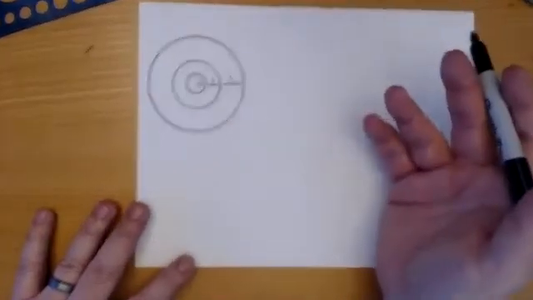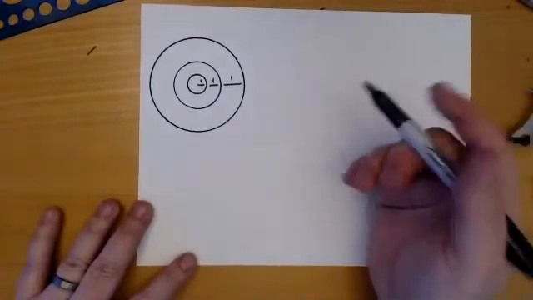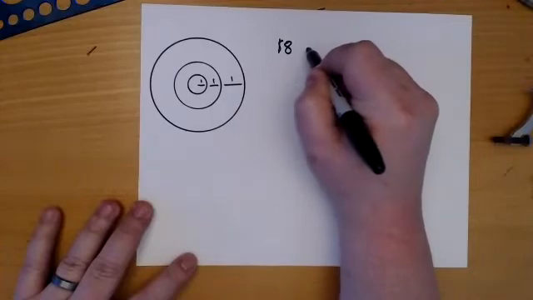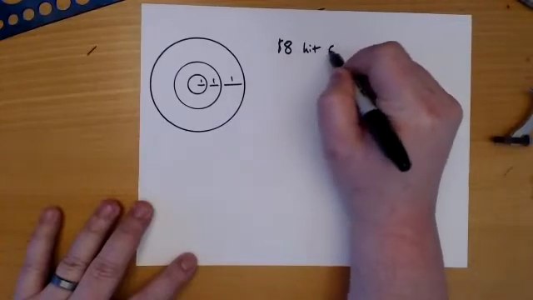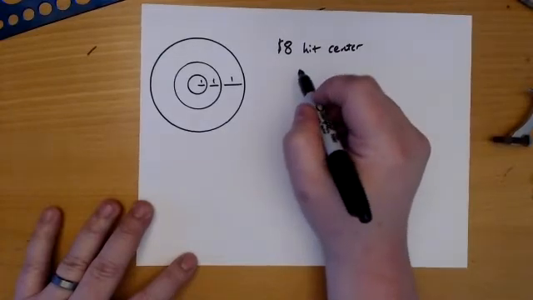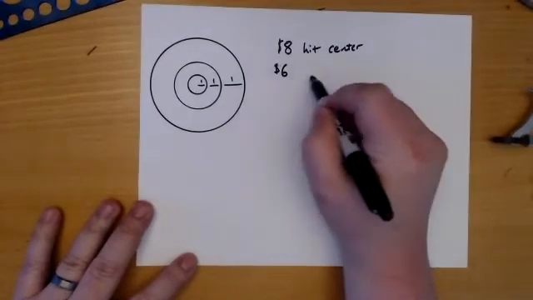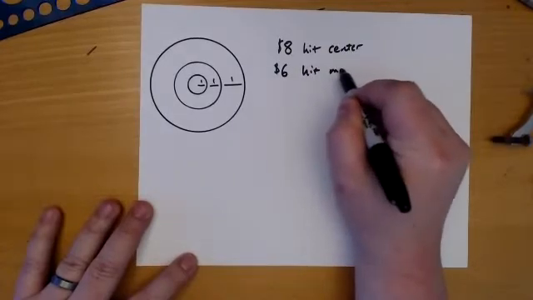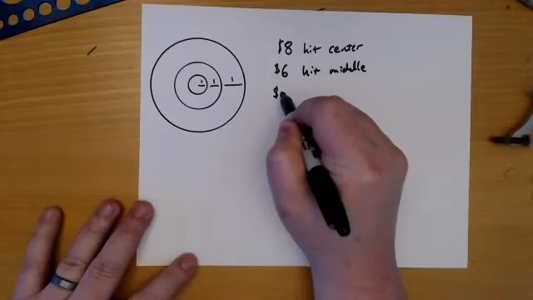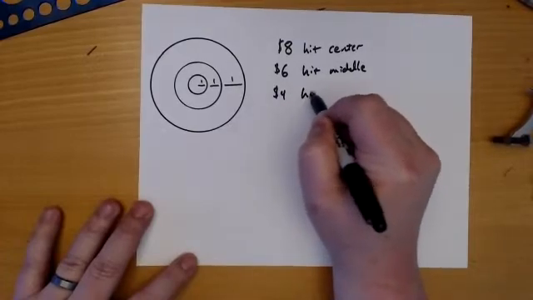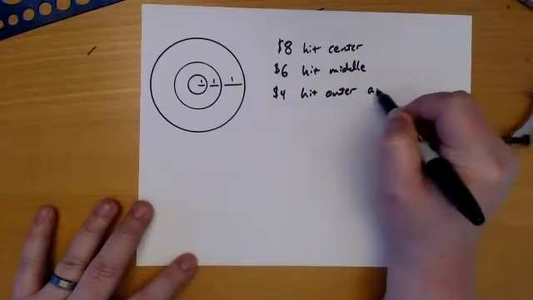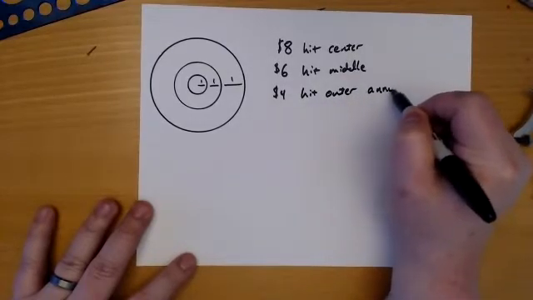Now, when you throw a dart, which lands at some random location on the board because you suck at darts, the player will receive $8 if you hit the center. You will get $6 if you hit the middle, $4 if you hit the outer annulus. By the way, that's what that's called.